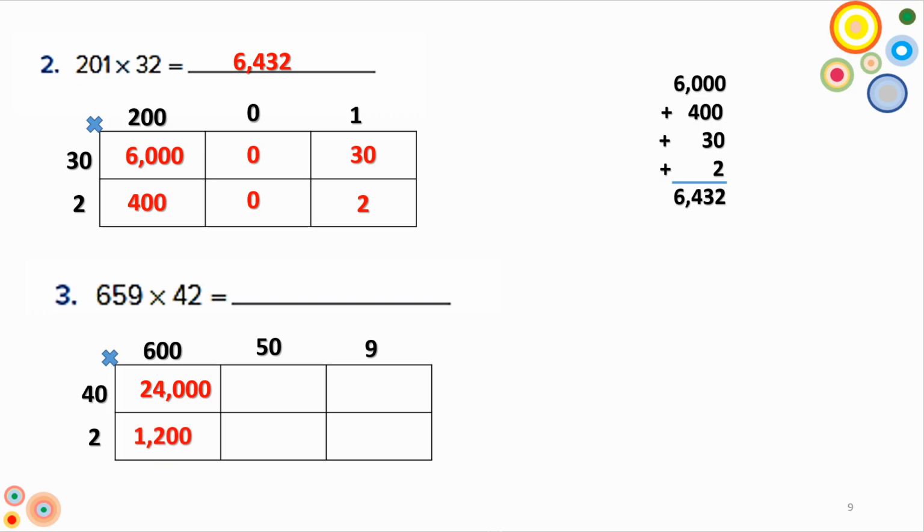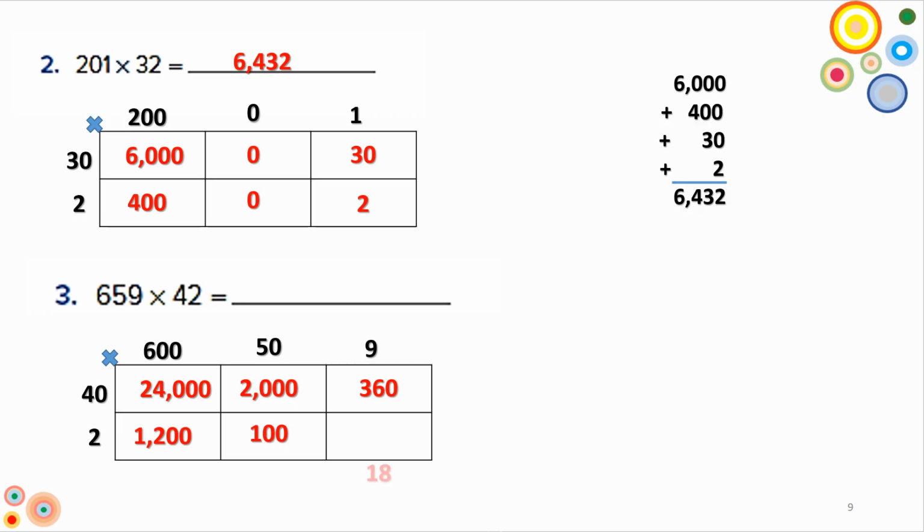The next one, 2 times 6, 12, and the 2 zeros, and put the comma after 3 digits from the right, so it will be 1,200. 40 times 50, 4 times 5, 20, and 2 zeros. It will be 2,000. The next one, 2 times 50, 100. 40 times 9, 4 times 9, 36, and drop 0.